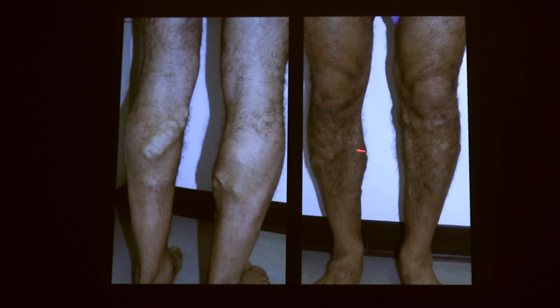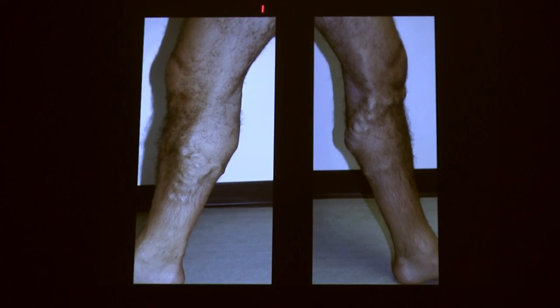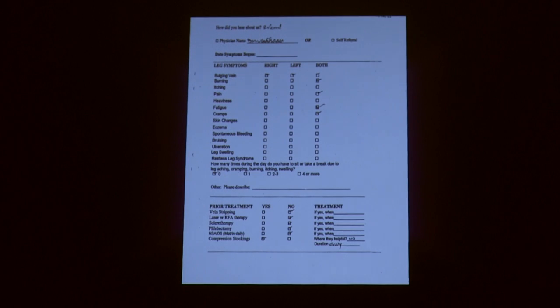What about perforators? You can see how we really do need to do that ultrasound to understand his veins. Here's the inside of the leg. You can almost see a big dilated great saphenous vein that is refluxing with these big veins here, reflux and big veins here. And here is his history and physical form.